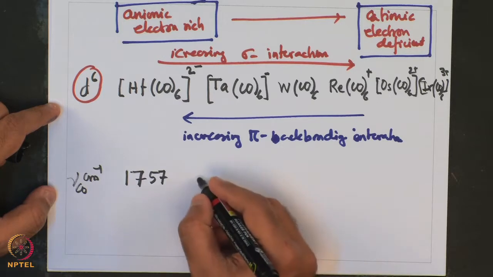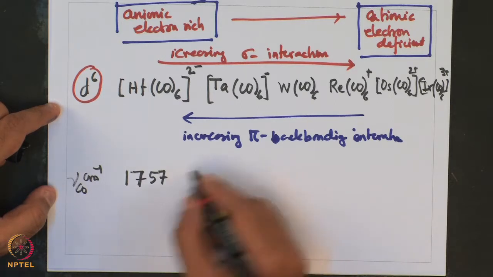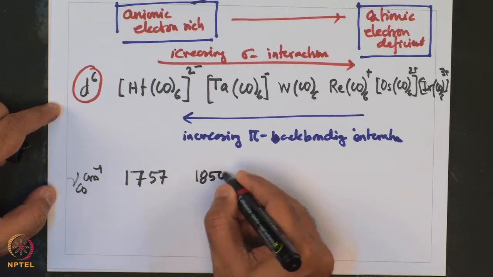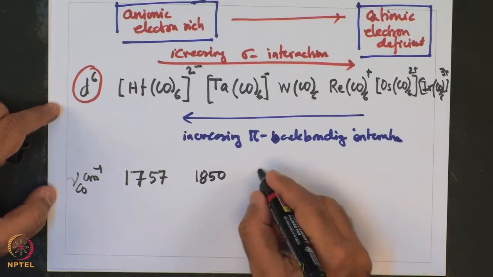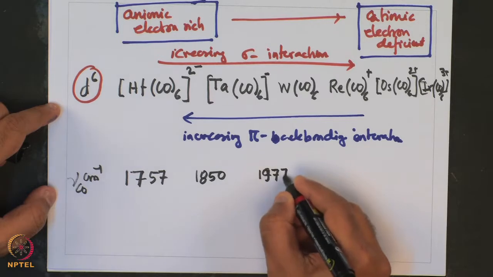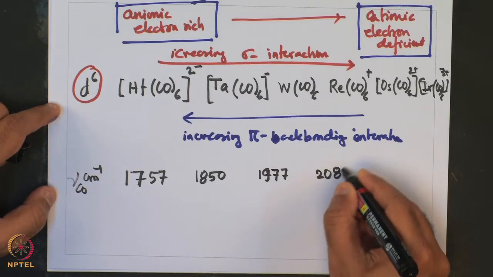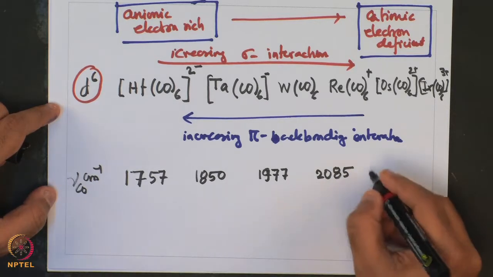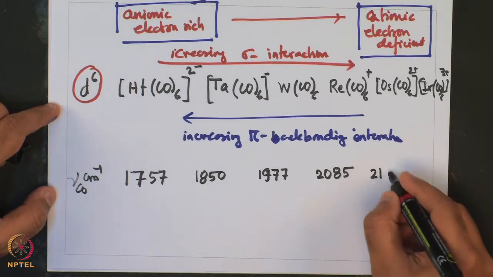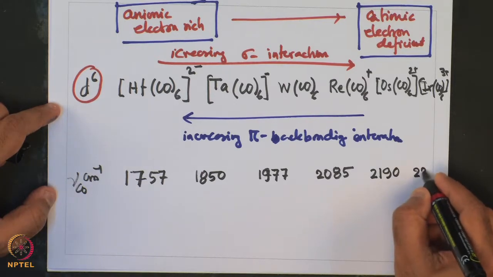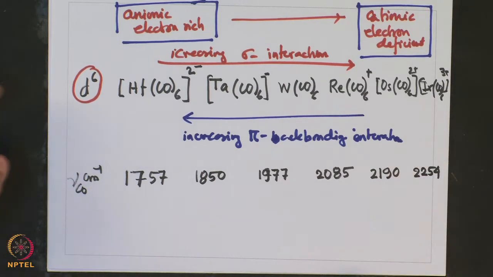Then tantalum, which is slightly less electron rich, has 1850, tungsten 1977, rhenium 2085, osmium 2190, and iridium 2254.